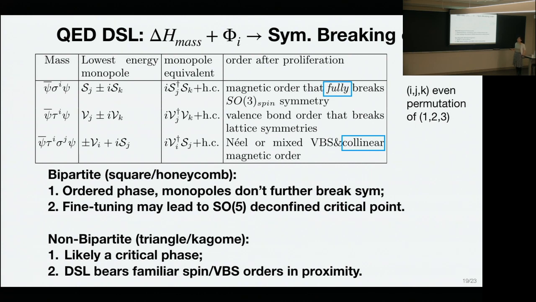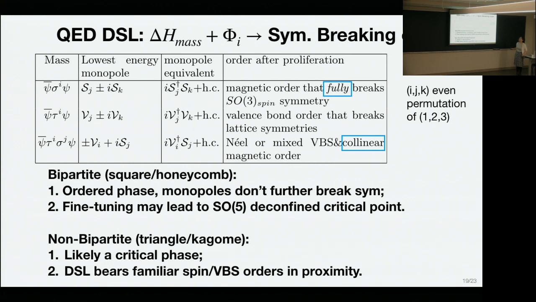And some features of this chiral symmetry breaking order state is that a quantum spin Hall mass will result in a symmetry breaking phase that fully breaks the SO3 spin rotation, while a mixed mass will preserve one U1 rotation in the spin SO3 group. So it results in collinear magnetic order.